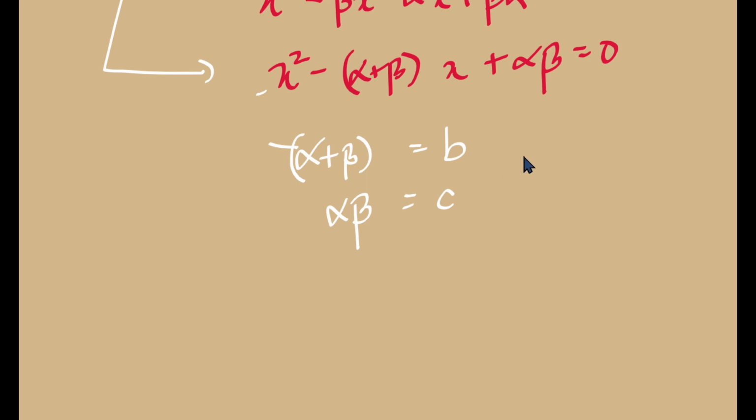Well, what does this simplify to? This says that alpha plus beta is equal to minus b, and well, this remains the same. Alpha beta is equal to c.